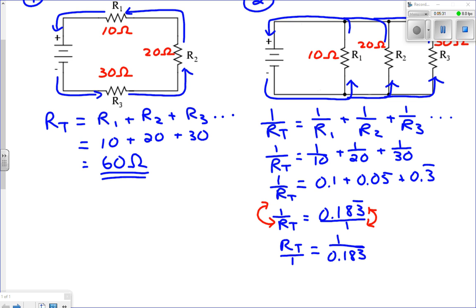Let's not forget that repeating sign when we do our calculation. So I can now say that RT is just equal to 1 divided by 0.183 repeating. So I'll use my calculator, 1 divided by 0.183 repeating. And I get an answer of 5.45 repeating.